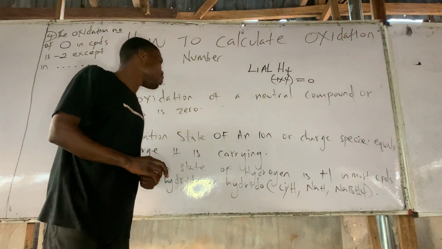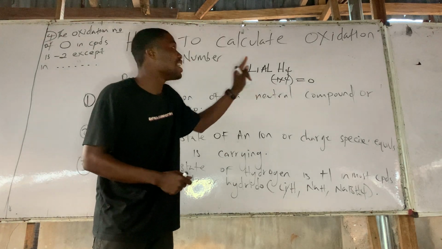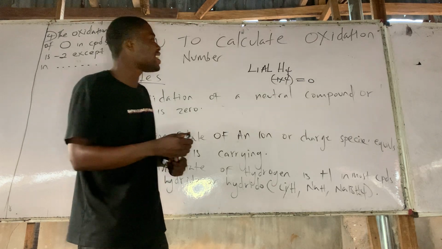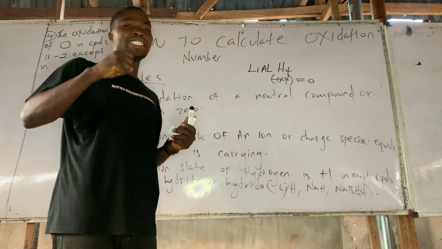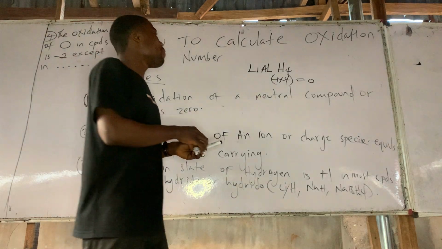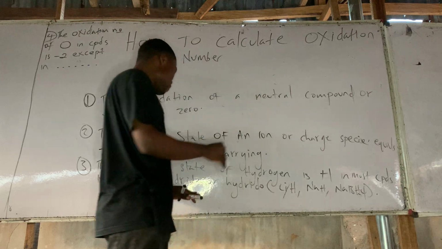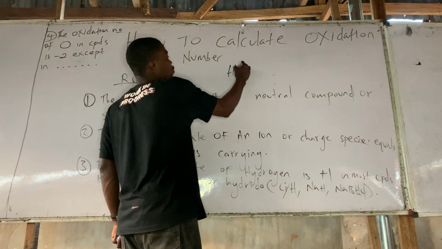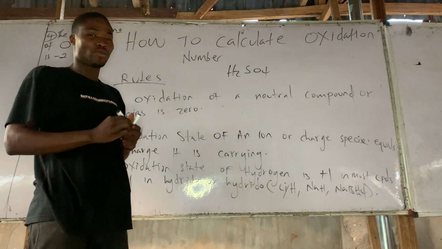Now, moving on with the third rule, this is for a hydride. How do you know a compound is a hydride? You can observe that a compound is a hydride or hydrido if hydrogen is ending the compound. But if the compound is not a hydride, the oxidation state from the rule is +1. Let's say I have H2SO4, a very common strong acid.